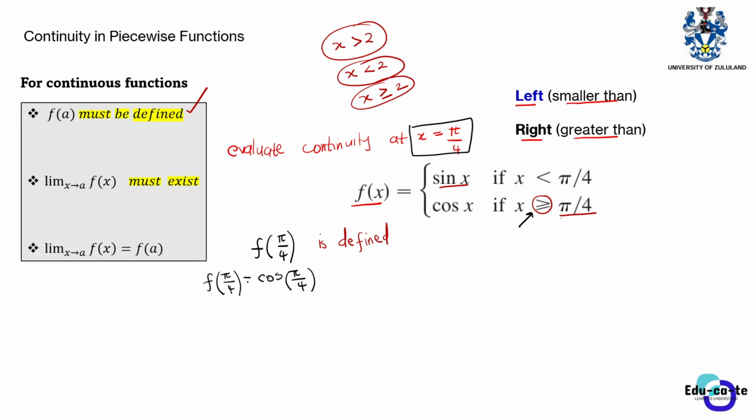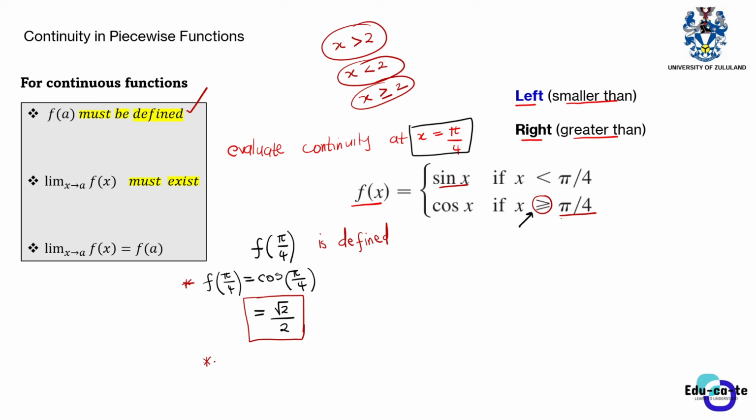Remember here, this is angle in radians. So in this case, cos of pi over 4 is just equivalent to cos of 45 degrees, and that is square root 2 over 2. So this is the value of the function, or this is the y value that you get when x is pi over 4. So we say f of pi over 4 is defined.